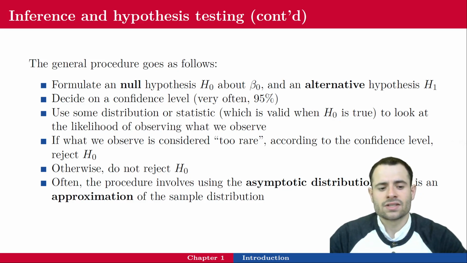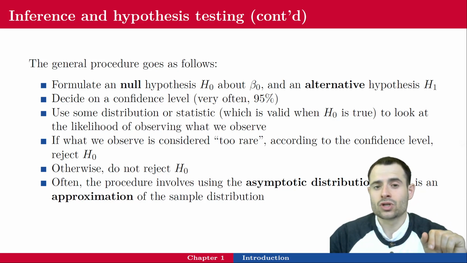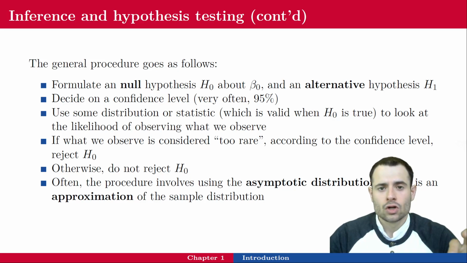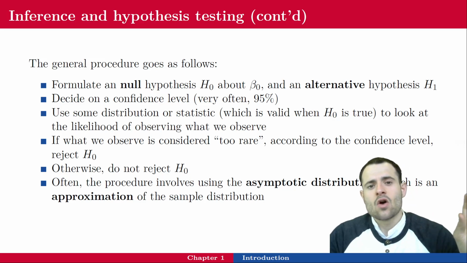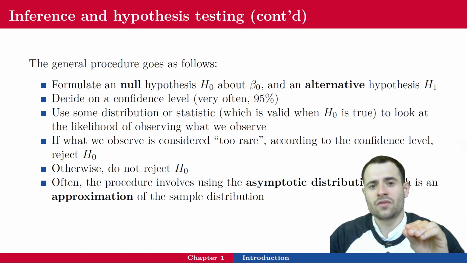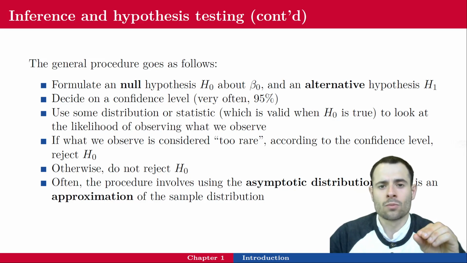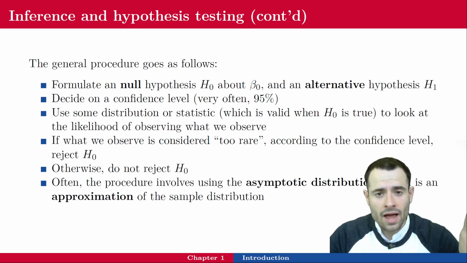Remember that often the procedure involves using the asymptotic distribution. We use theorem 2 on beta hat OLS to make inference about beta 0. But theorem 2 says that when the sample size goes to infinity, I get a normal distribution. In real life, my sample is not equal to infinity.